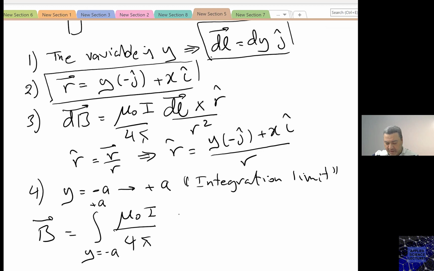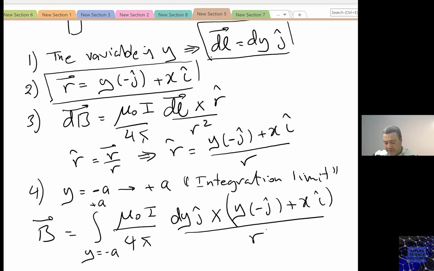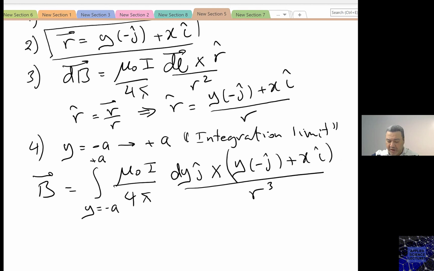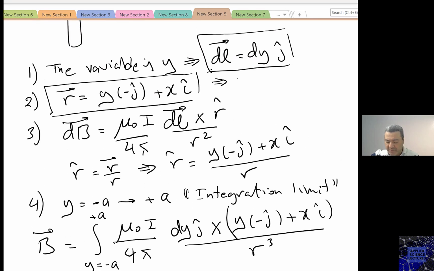We said that dl is dy j hat cross y minus j plus x i, divided now by r cubed. And we said that if this is the vector r here, I can find the magnitude right away, which is going to be x squared plus y squared, as simple as this. I need the magnitude as well.